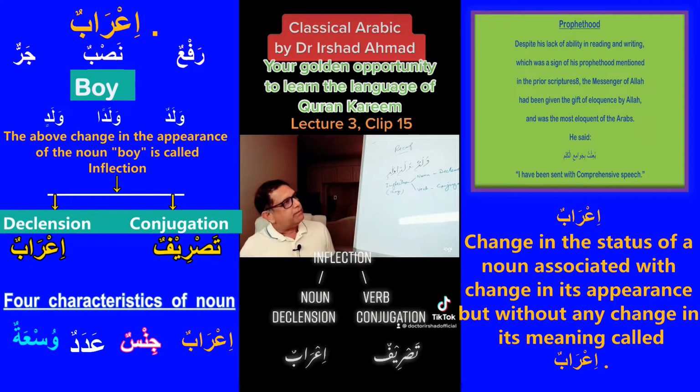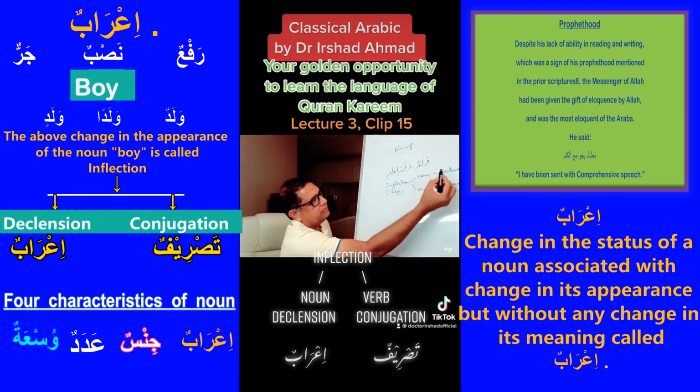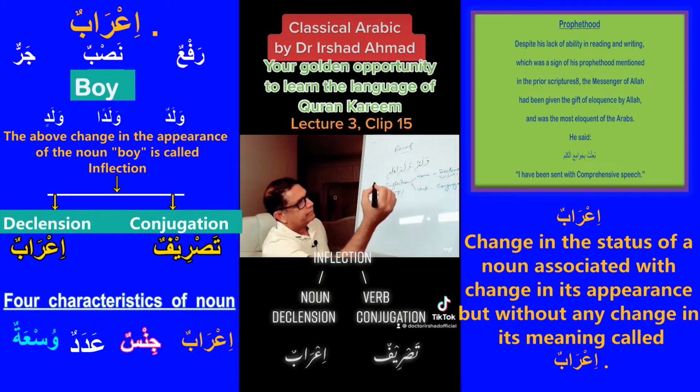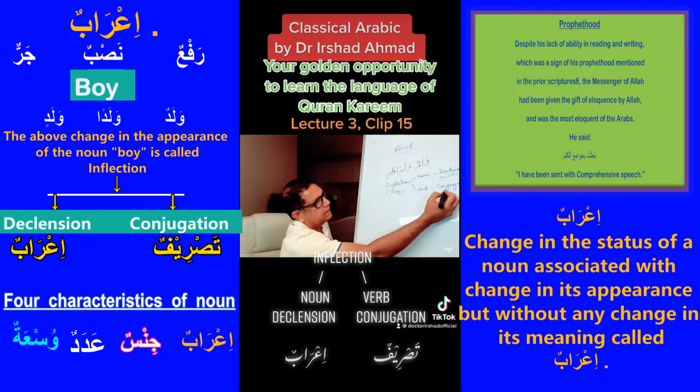So the Arabic terminology is declension, we will translate that as i'rab, and conjugation will be tasrif.